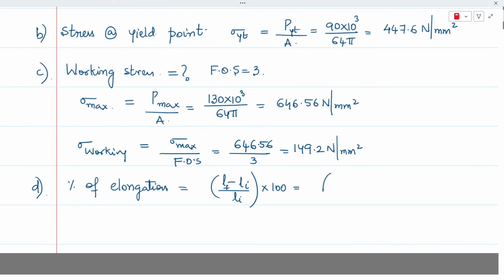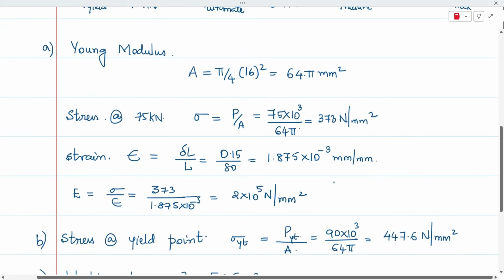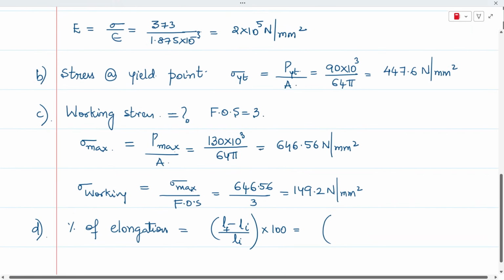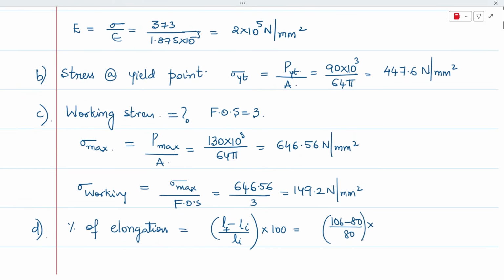Final length is 106, that is at the fracture, and initial length is 80 mm. 106 minus 80 divided by 80 into 100%. This is 26 by 80. Approximately, the value is 32.5%.